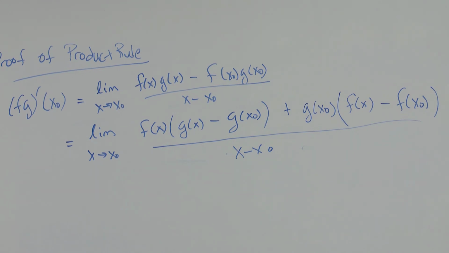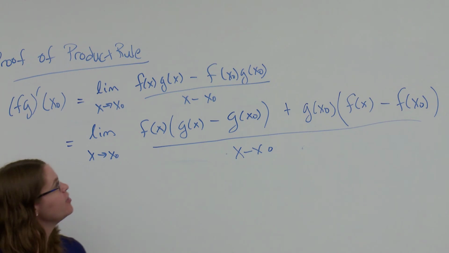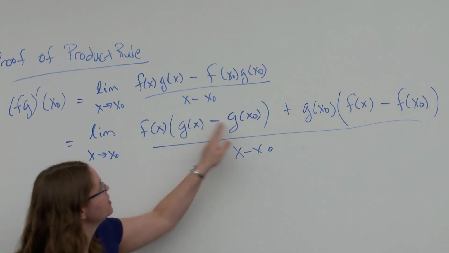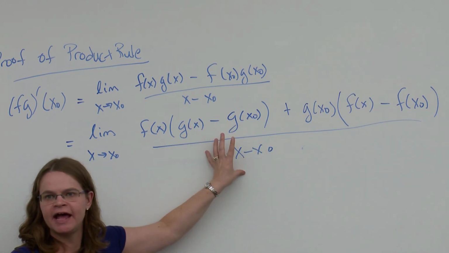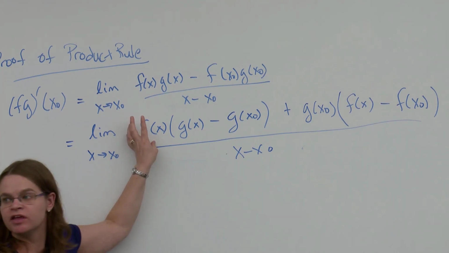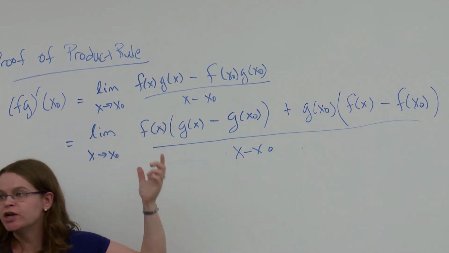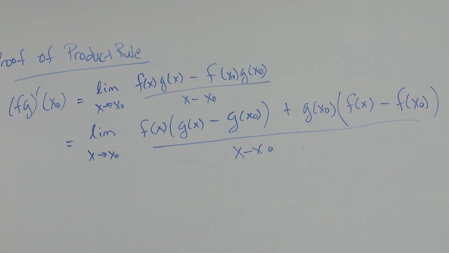All right, again, I've broken this up in terms of simple things that have limits, right? So we know g of x minus g of x naught over x minus x naught, that has a limit. f of x has a limit because it's differentiable. It must be continuous. It must have a limit.